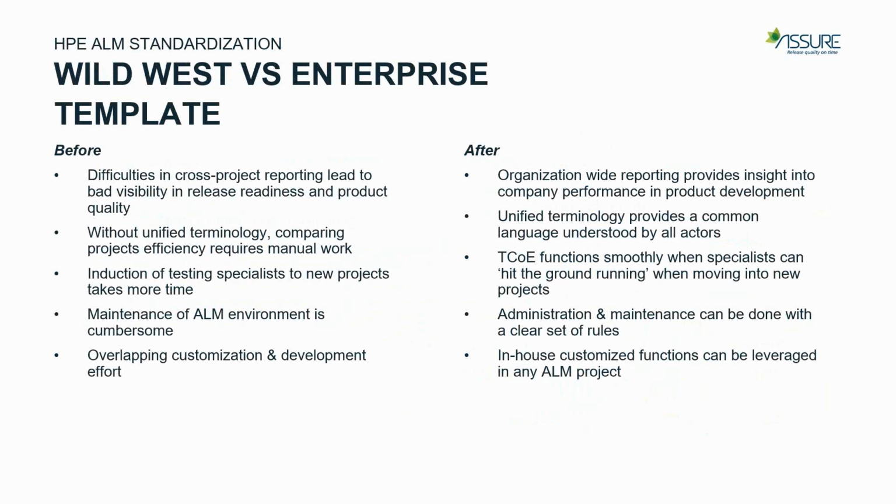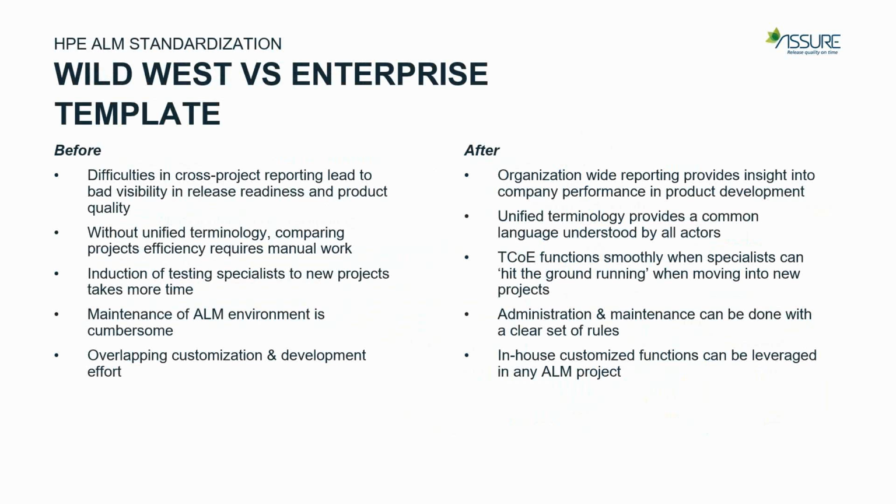And unified terminology is another thing that is a very common thing in the Wild West scenario. So comparing any project's efficiency requires a lot of manual work and discussions and meetings and so on. Also, another thing is induction of testing specialists in a testing center of excellence. Of course, it takes more time because they have to learn the tricks of each project as they move on.